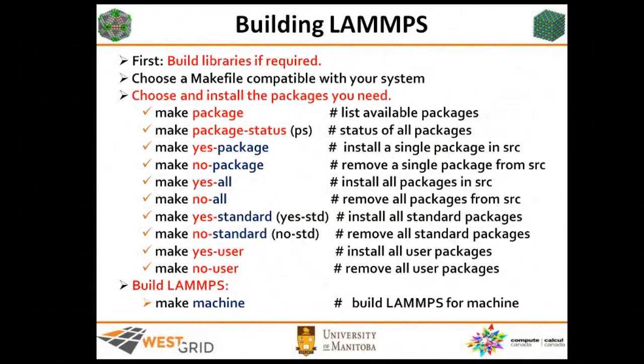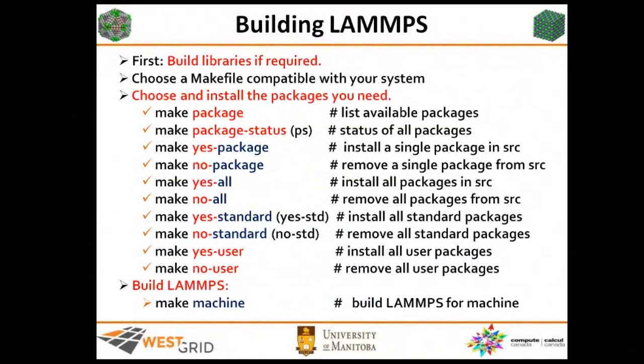In the latest version of LAMMPS, there are, I think, 60 or 62 different packages. If you build LAMMPS completely, it will take 1 or 2 hours just to compile it. But if you don't include all the packages, it can be compiled easily.